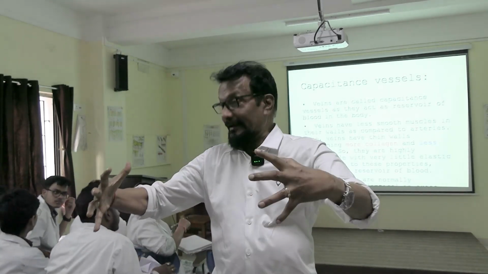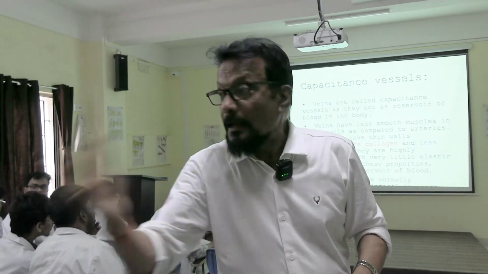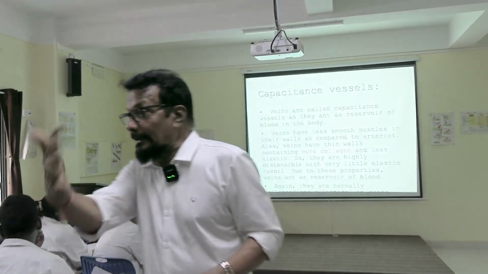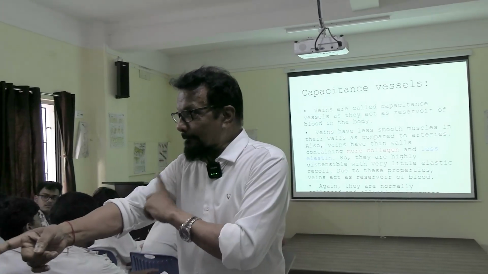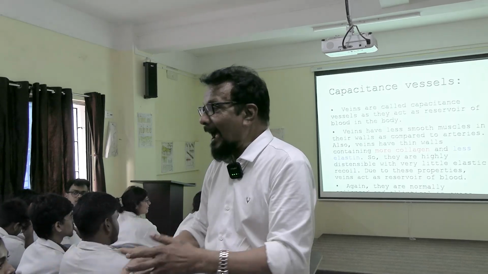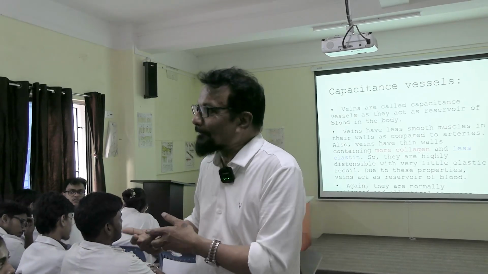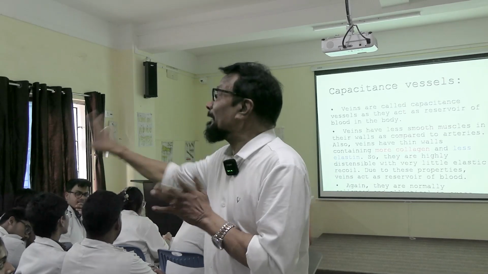They can accommodate a large amount of blood. When somebody has an injury, initially blood will come from the venous system. Why will this blood be coming out?